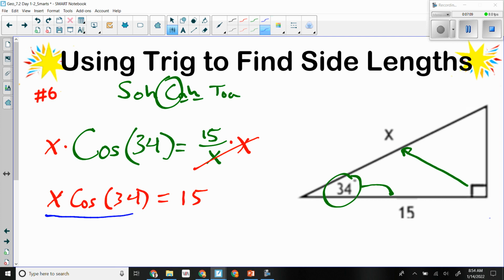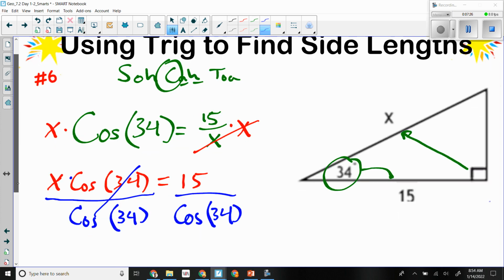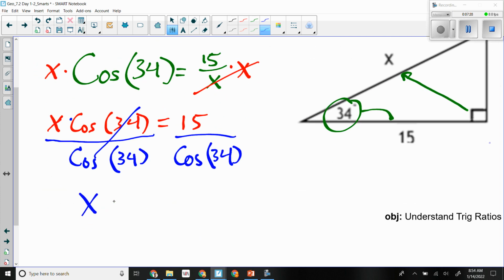Well, in one more step, since it's currently being multiplied by the cosine of 34, I can divide by the cosine of 34. And I have to do that to both sides. Okay, dividing by a cosine is an absolutely fine math maneuver to do. This is going to give me x equals, and then on the right side, 15 divided by cosine of 34.